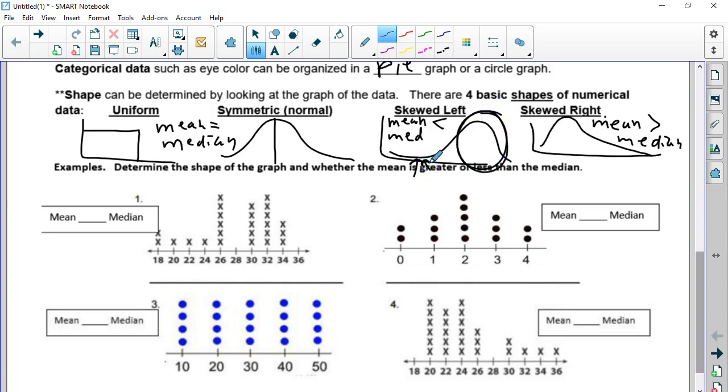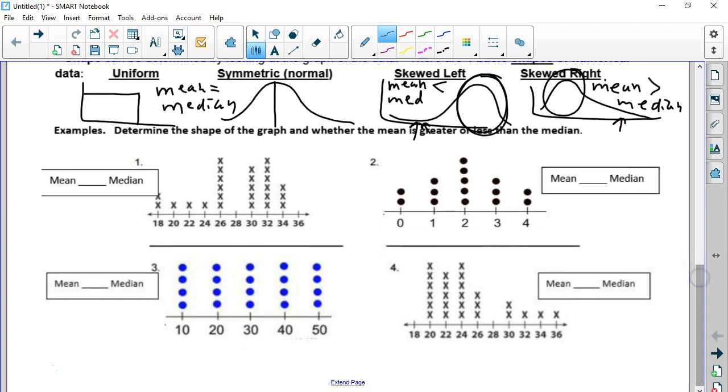The people who did not do as well are pulling the data down to the left. And if most people did poorly on a test, but a few people did really well, that is actually pulling everything to the right. So that's one way to look at it. Find out where the bulk of it is, and then find the tail. Follow the tail, basically.